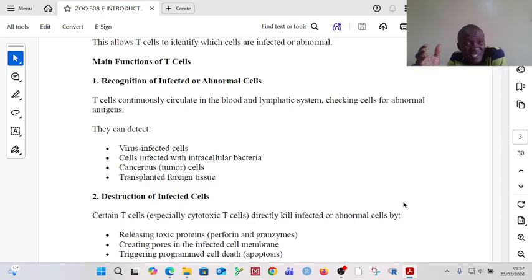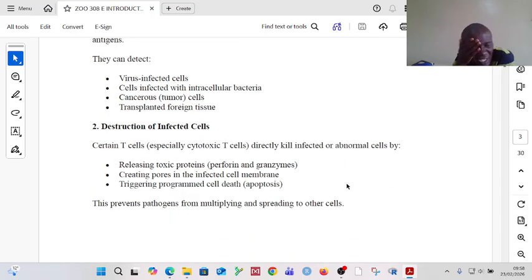Then using the antigen and the MHC protein, they will continuously be able to detect any cell that has an infection, or any cell that is abnormal, or any cell that is foreign, something that has been transplanted. Okay.